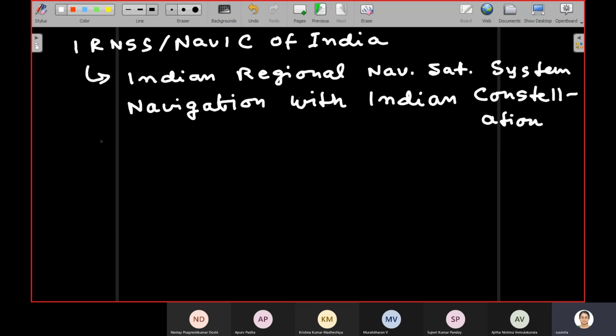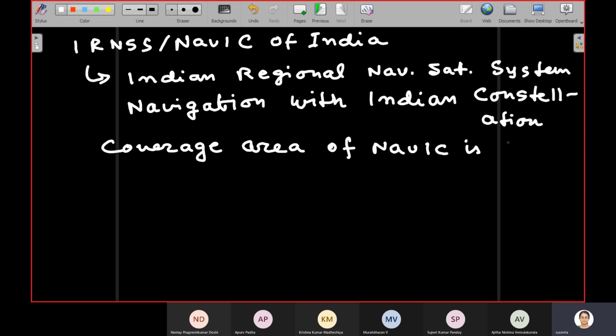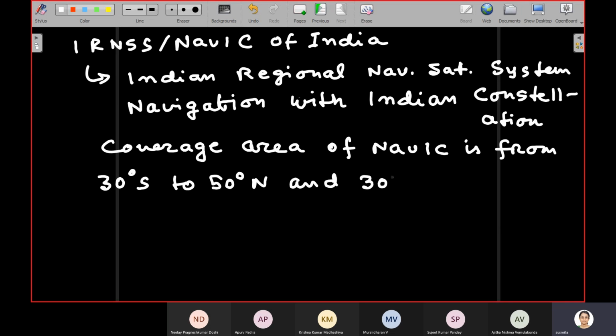Now the coverage area of NAVIC is from 30 degrees south to 50 degrees north and 30 degrees east to 130 degrees east longitude.